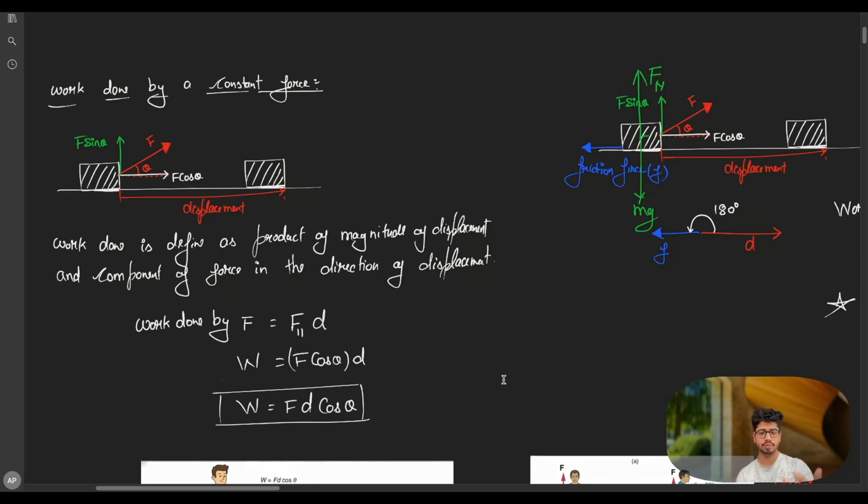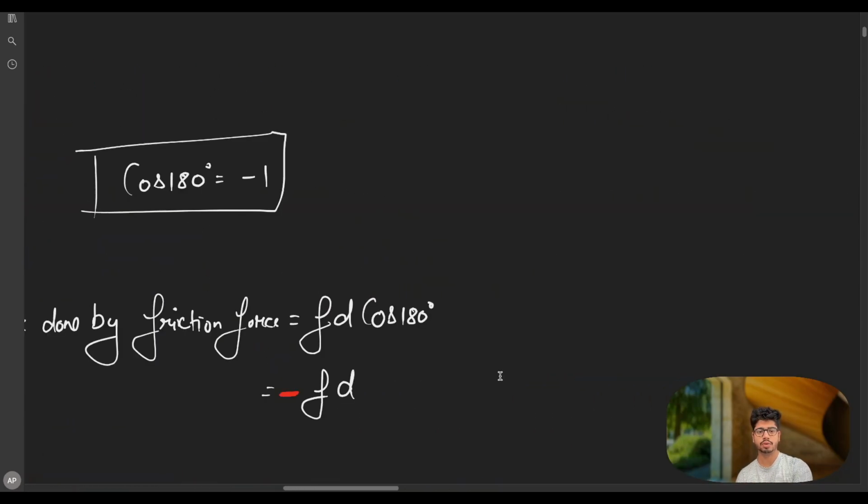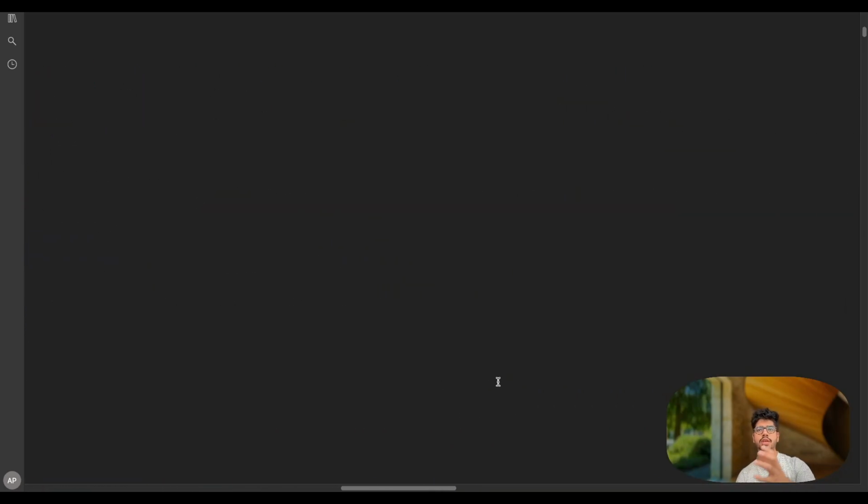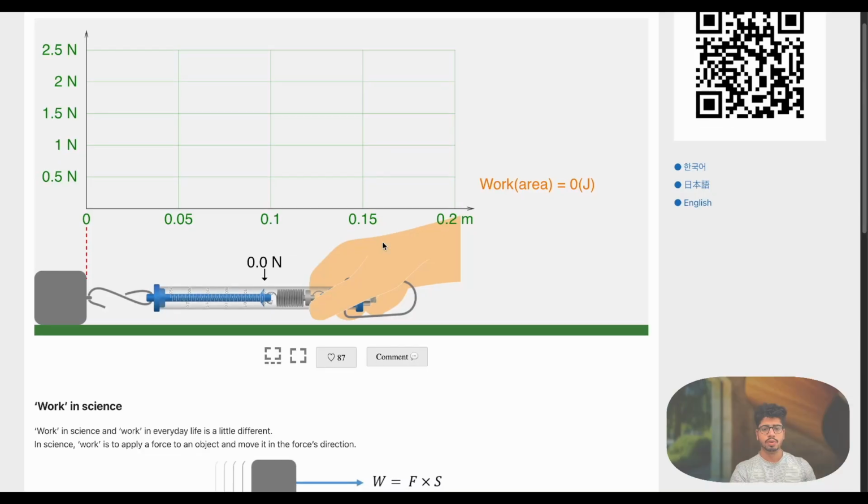And if you have calculus 1, let me define it for a variable force also. Right now I'm going to apply a force and displace the block, so some work is being done by me to displace it.